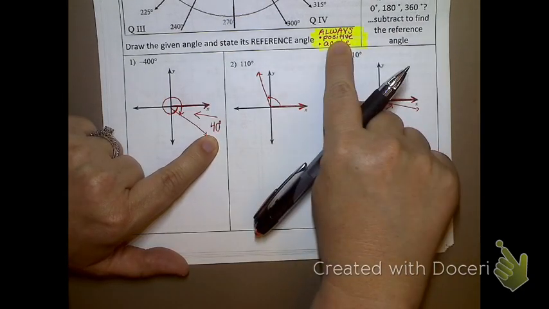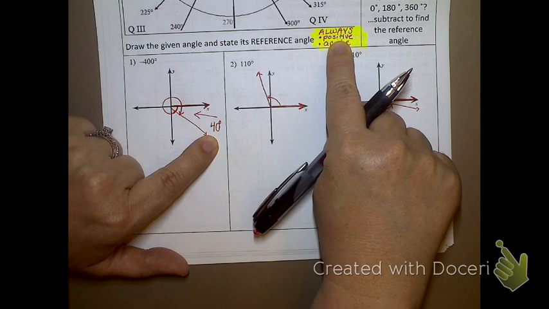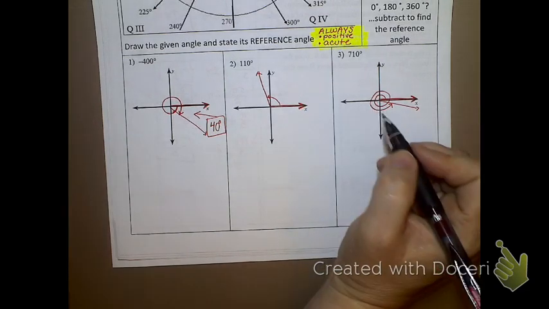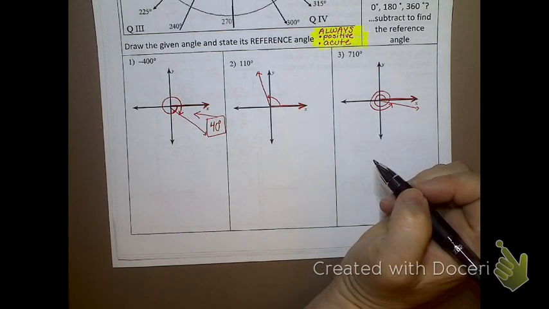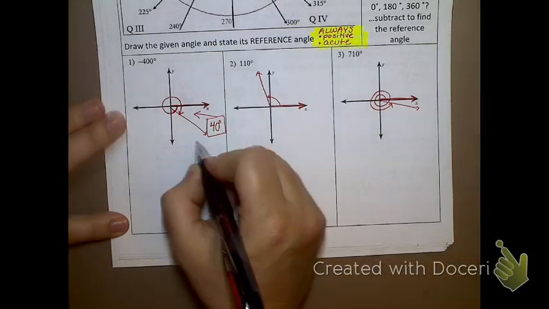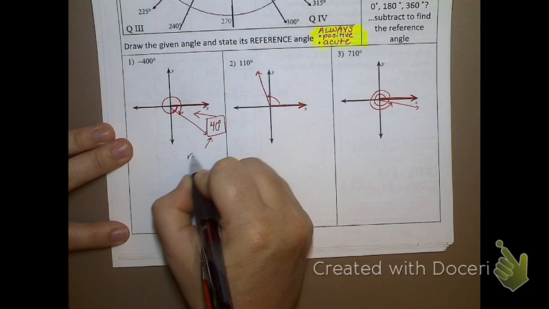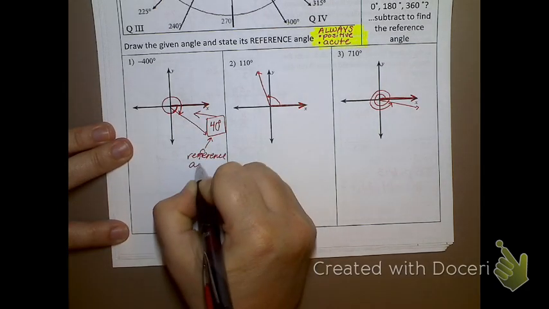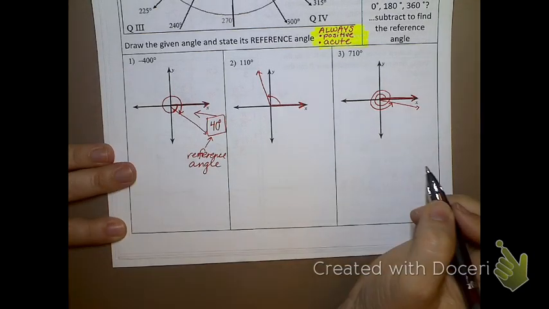Well, my rule about my reference angles is it's always positive, because the reference angle is not necessarily an angle in standard position. So it doesn't worry about the direction you're going to get there. Does that make sense? Good answer. So there's my reference angle.